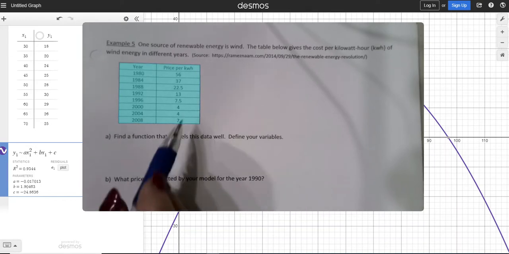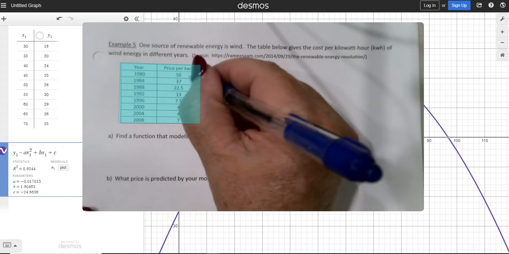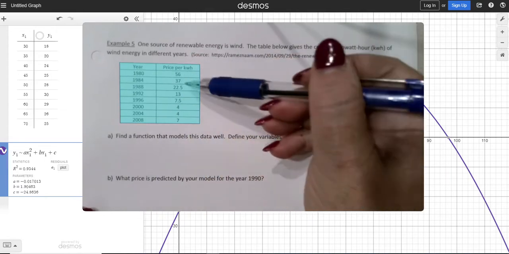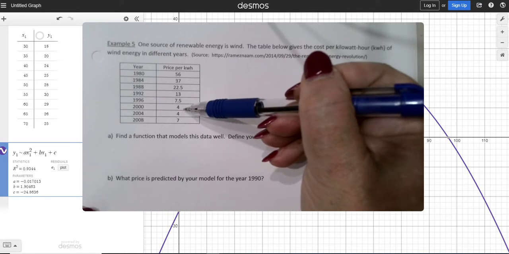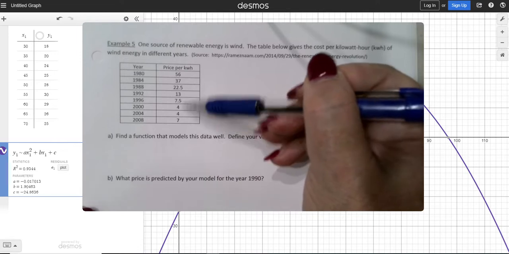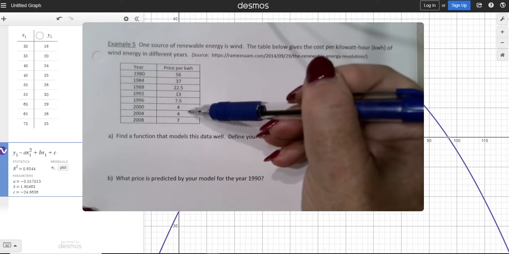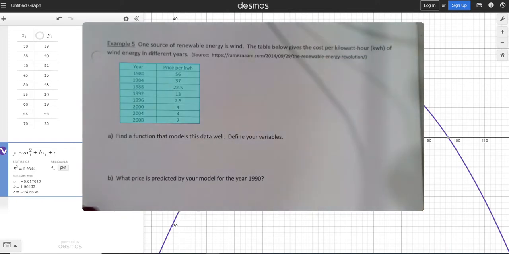And the table here gives us the cost per kilowatt hour of wind energy in different years. And you can see, like with most new technologies, it started out higher. As the technology improved and we got more efficient, the cost per kilowatt hour got lower and lower. And then in 2008, it actually started going up again a little bit. So we have a long decline or decrease, and then a little bit of an increase at the end.